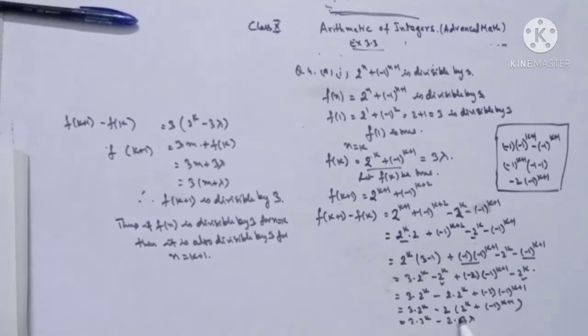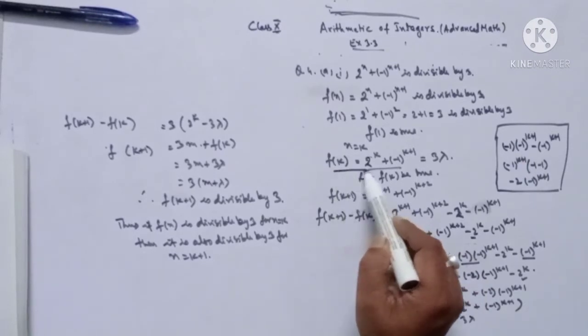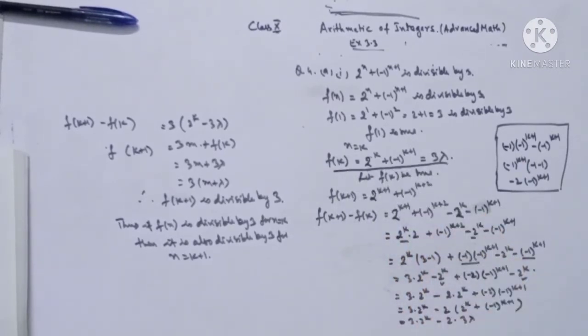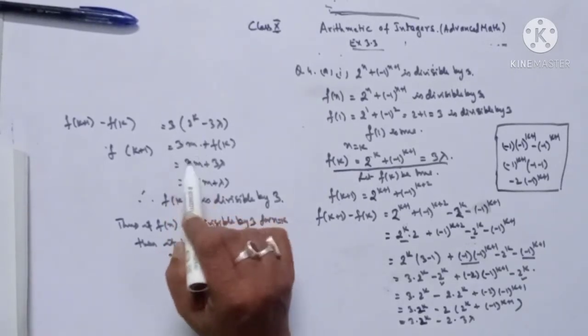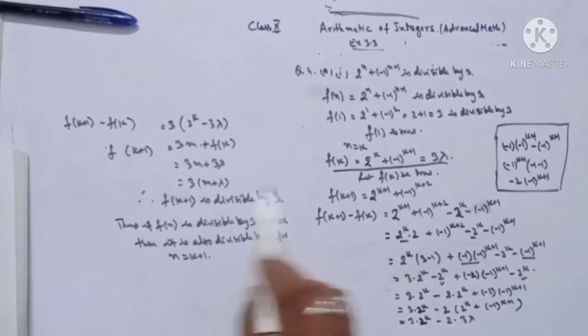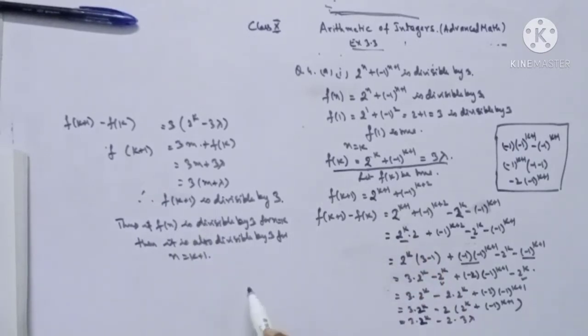Now I have taken 2 common here, and this is divisible by 3 because here you can see fk is 3 lambda. Now this is 2, so here I have taken this 3 common, and this fk is 3 lambda, it is given. So this is how we can prove it.